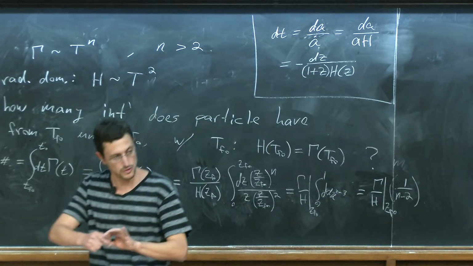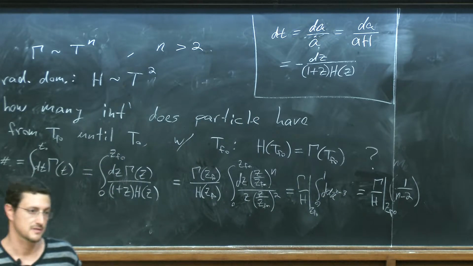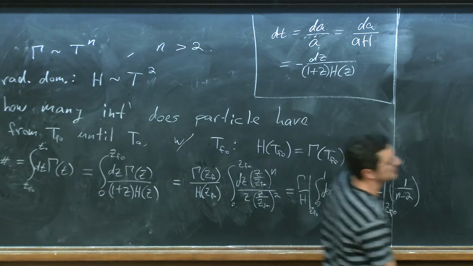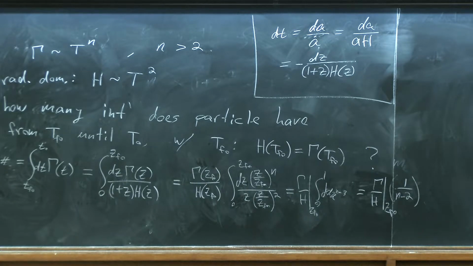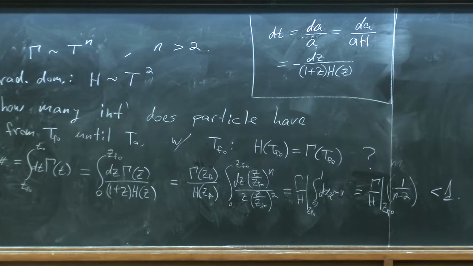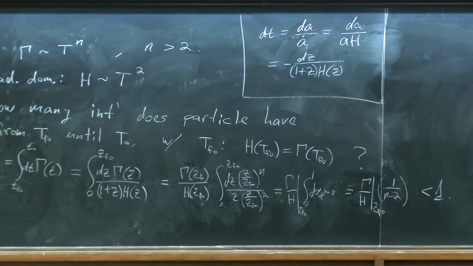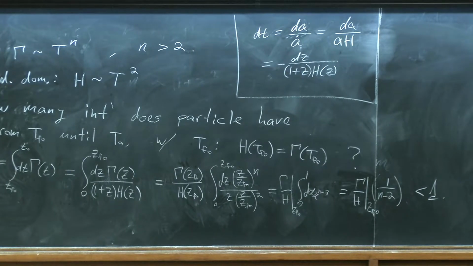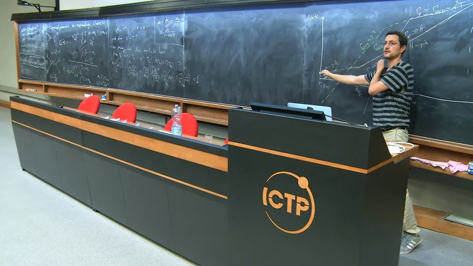And we've just calculated the total number of collisions that your particle is going to have from this point until today. And this number is smaller than 1 with our QED and weak interactions. So this is the meaning of freeze-out. Sure, some of your particles will exhibit more interactions, but on average each particle is going to exhibit less than 1 interaction over the entire duration from this point until today.